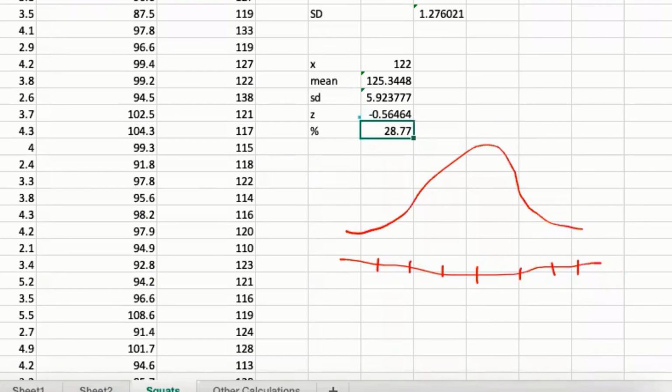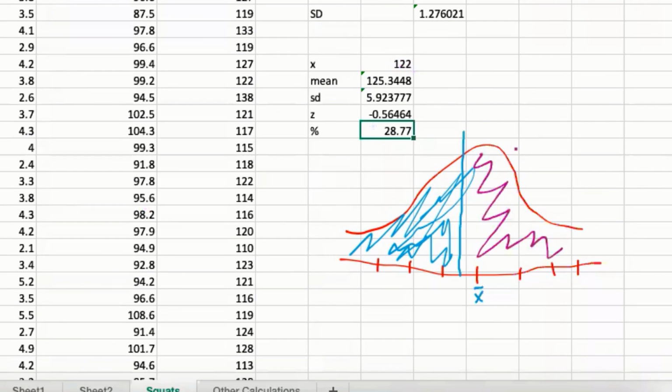Our Z was negative 0.5, so that would be halfway between where the mean exists and the first negative standard deviation. The Z table gives us this area. And if I rephrase the question so that we want to know the percentile of someone who can lift 122% or more, that would be this area, in which case we would do 100 minus that percentage.